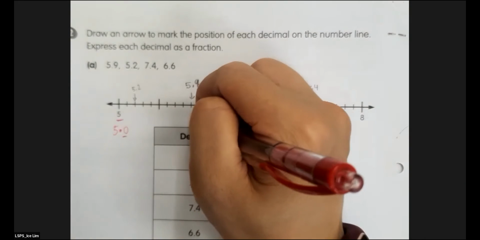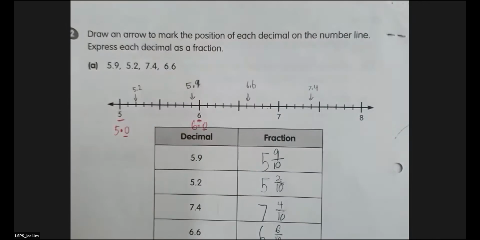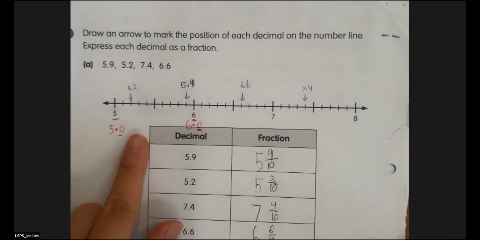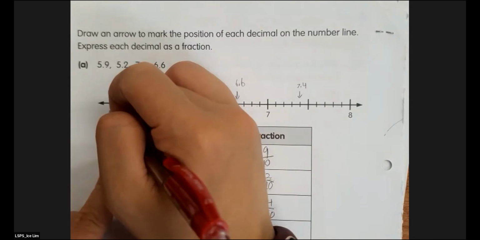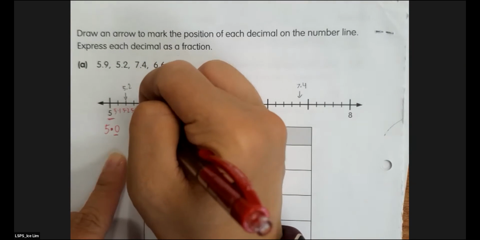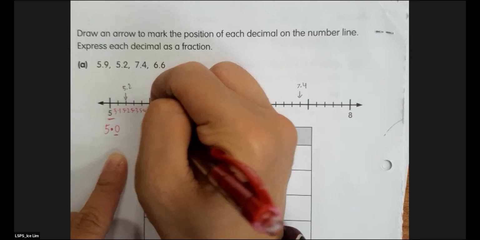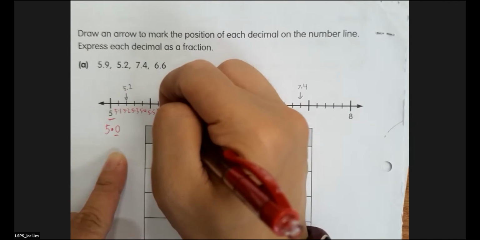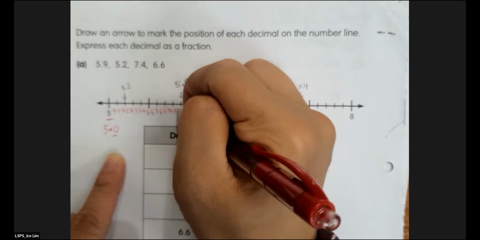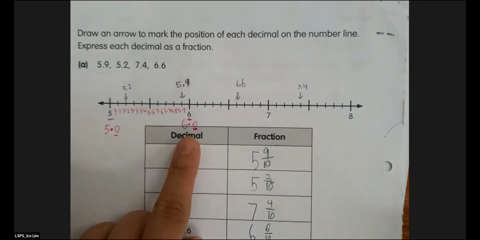And then I get 6.0. And then I go counting 5.1, 5.2, 5.3, 5.4, 5.5, 5.6, 5.7, 5.8, 5.9, 6.0.